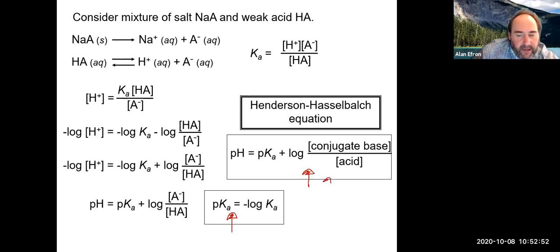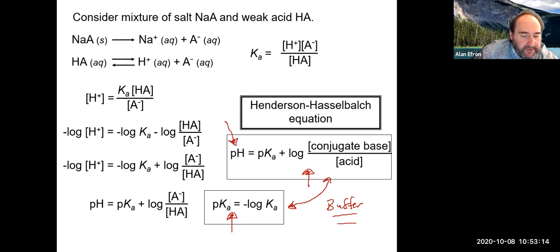So in a common ion problem, and later in this chapter, not too long after this, these are really buffer problems. You can use the Henderson-Hasselbalch equation to calculate the pH of a solution. This is usually what people will use for the Henderson-Hasselbalch equation.